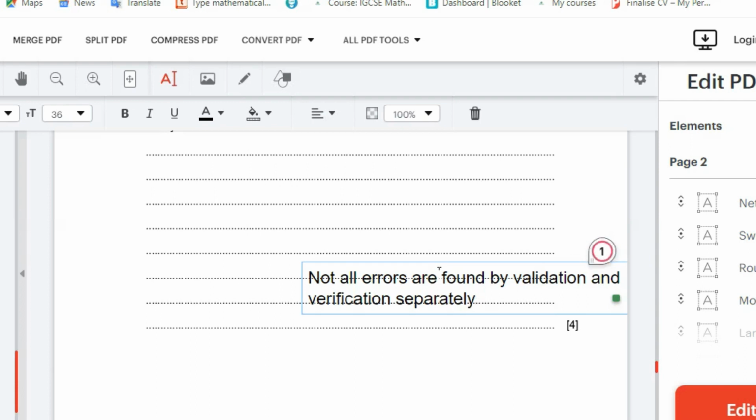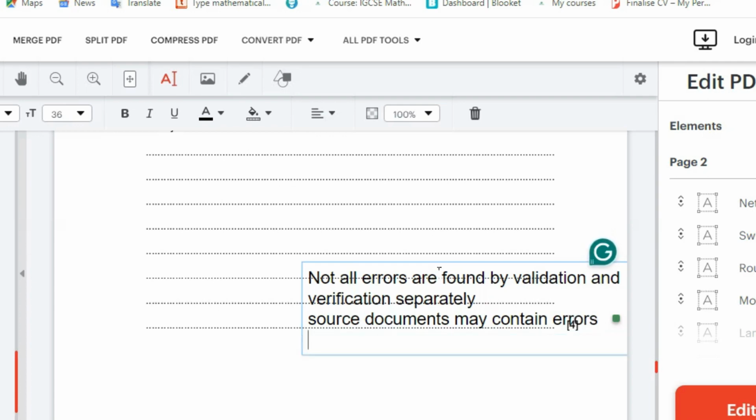Two, source documents may contain errors. Source documents, that is the original document, may contain errors.